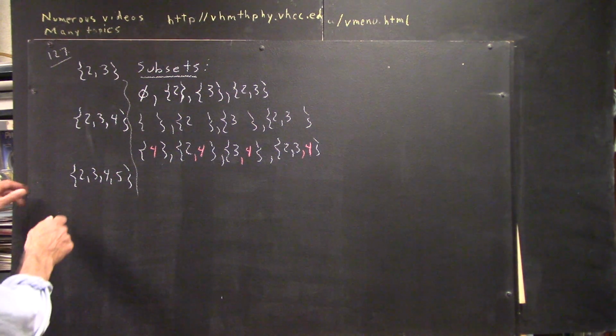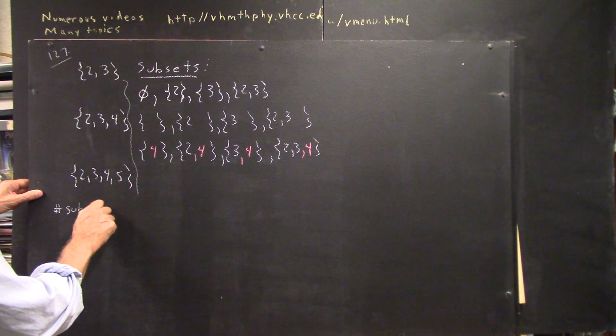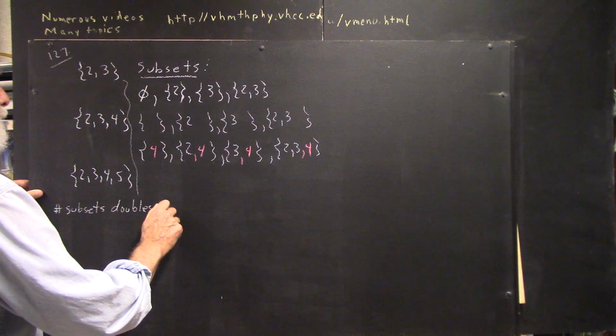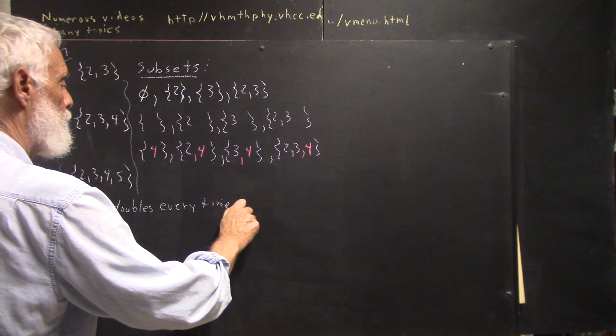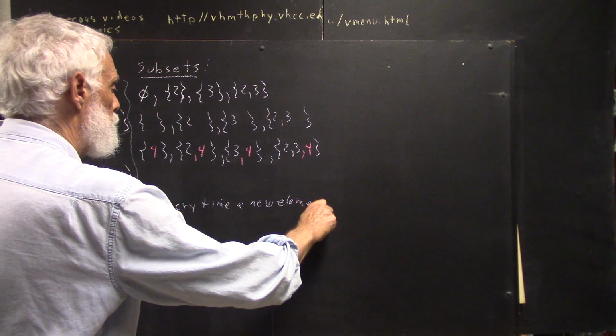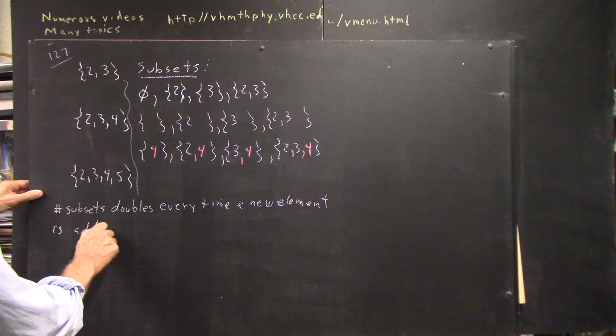So the number of subsets doubles every time a new element is added.